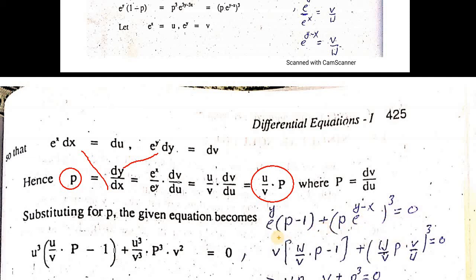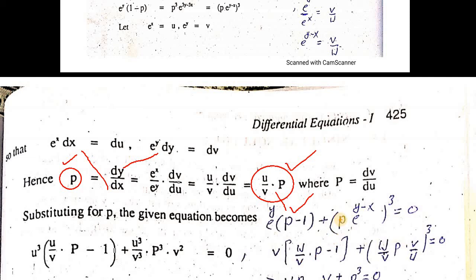Now putting value of e power y equal to v. So here we will get v. This is p, and the p is here, whose value is here. So putting the value for this p, the value is this one. This is the value.